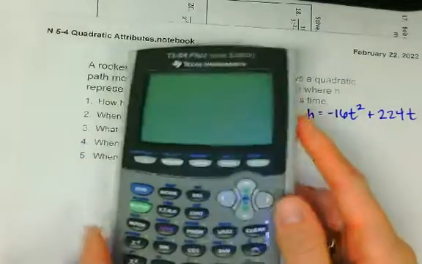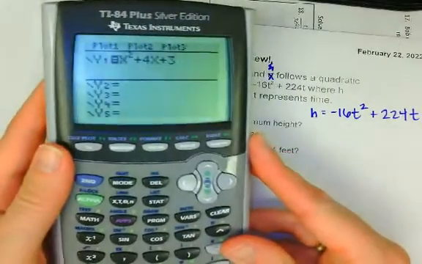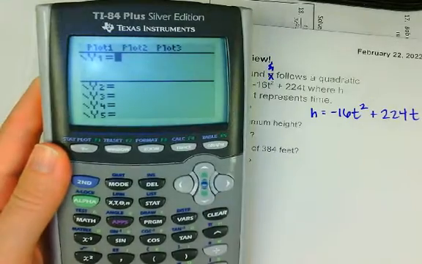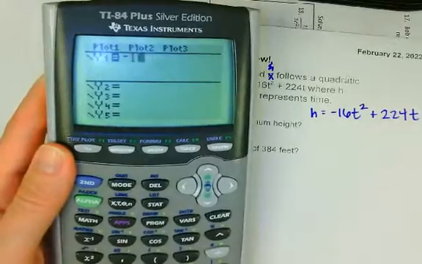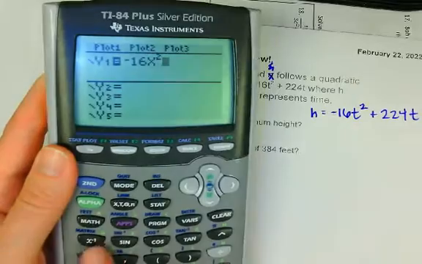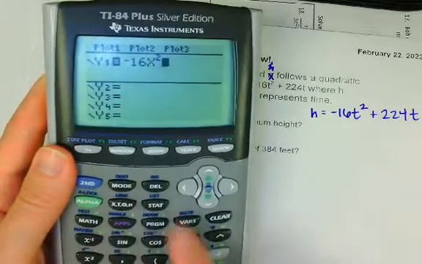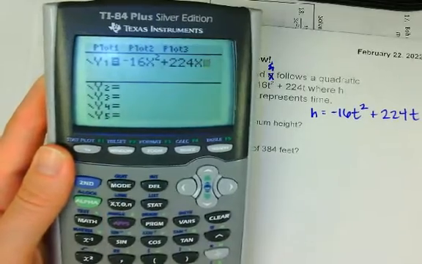So first thing you're going to do when you have a word problem is go to your calculator and type in your equation. So use the negative button at the bottom of the screen, 16, and then I have to type x instead of t, my x button, plus 224x.